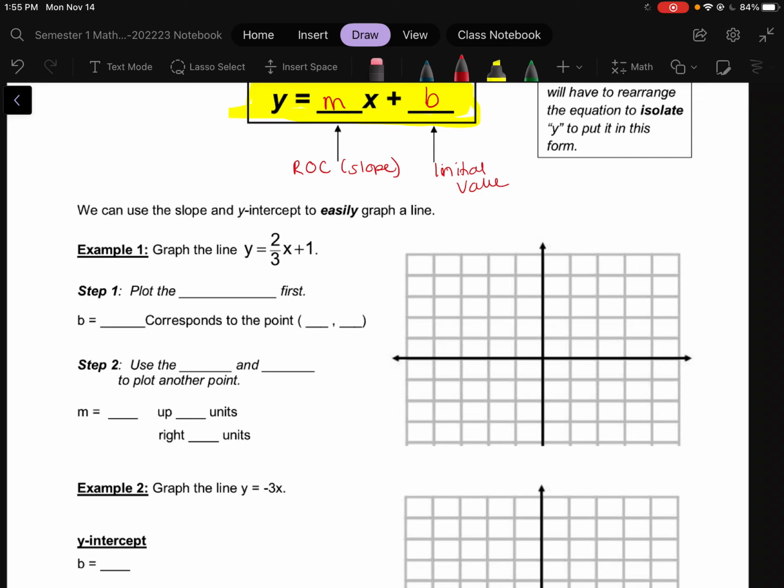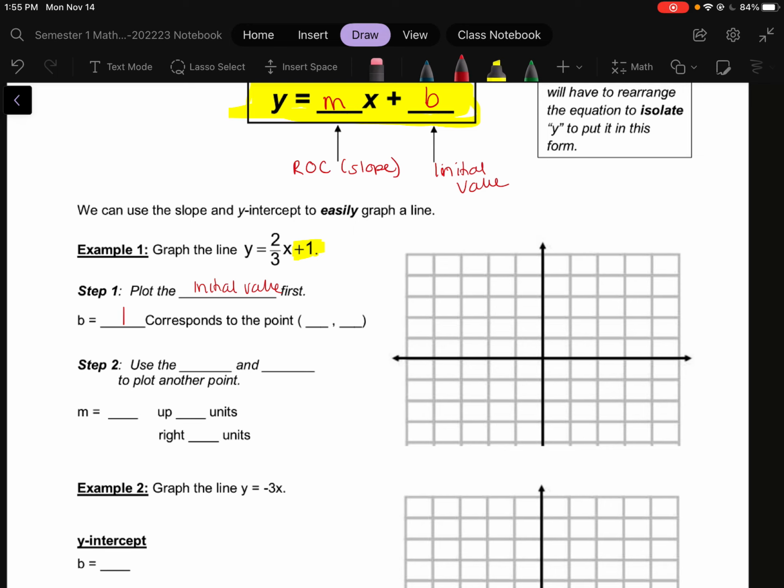So for example, we're going to graph the line of this equation here. y equals 2 over 3x plus 1. The first thing is to always plot the initial value. In this case, our initial value is 1, because that is what b is. Remember to always take a look at what the symbol is in front. Is it positive or negative?